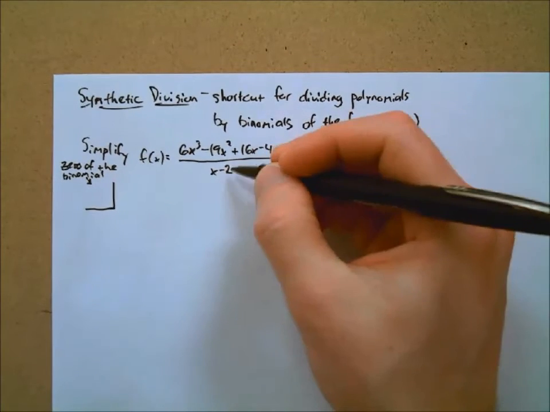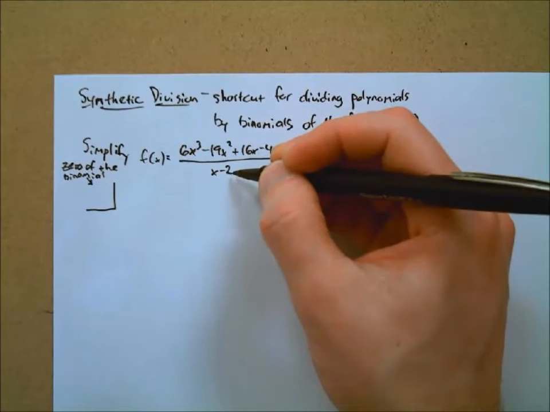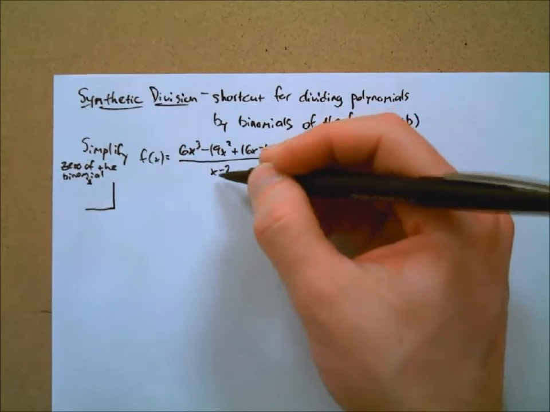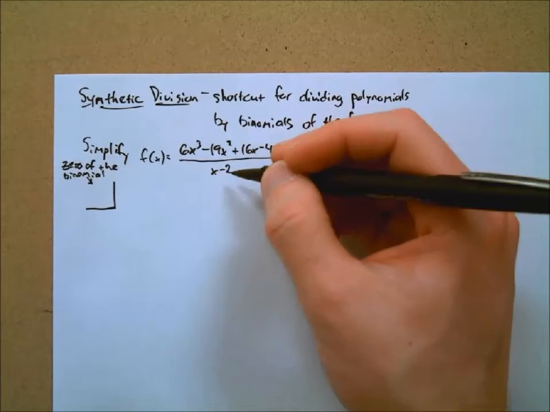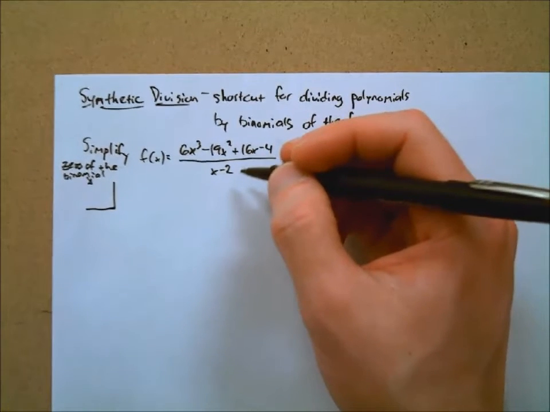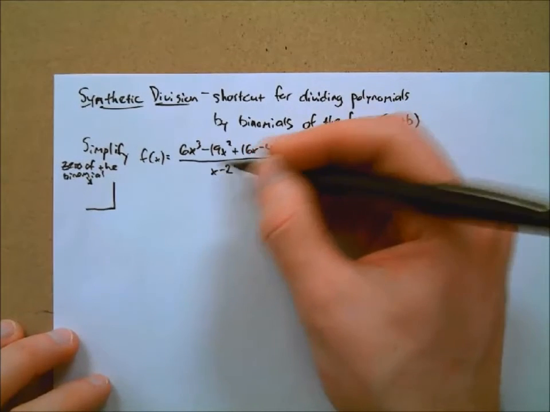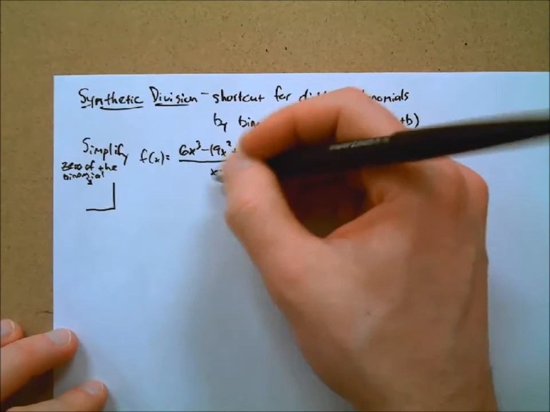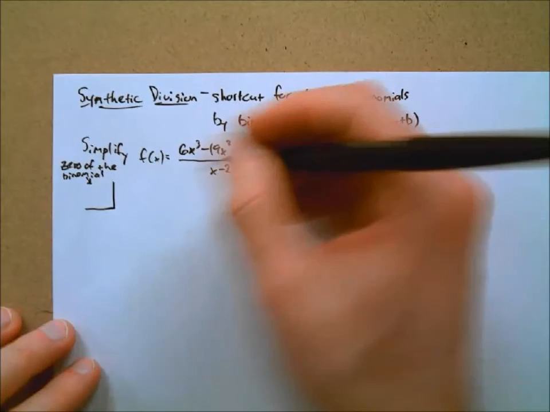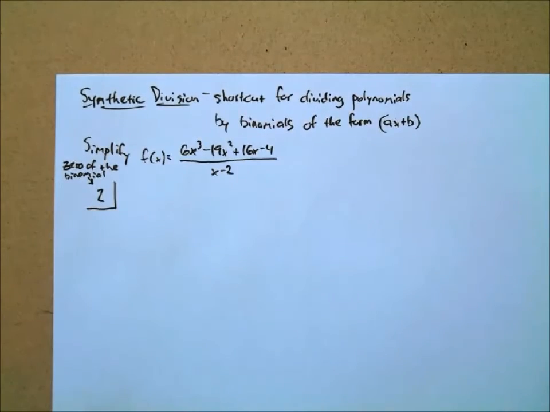That means it's not negative 2 we put in here. It's like x minus 2. If you set that equal to 0, what x value would make it true? It's 2. So 2 is the zero of this; it is what makes this 0. So we're going to put a 2 in here.